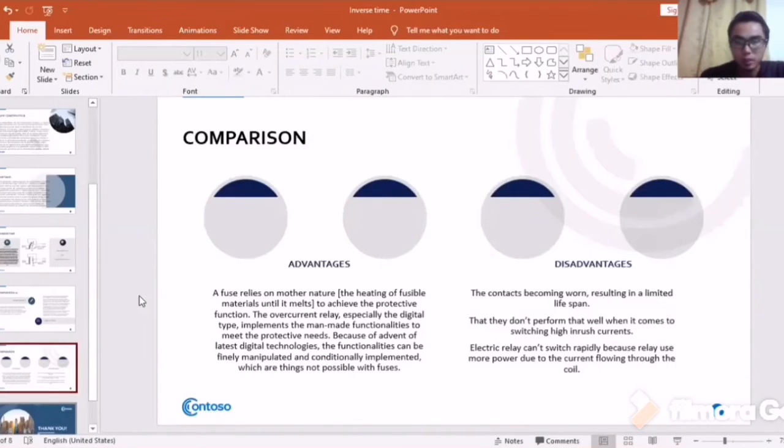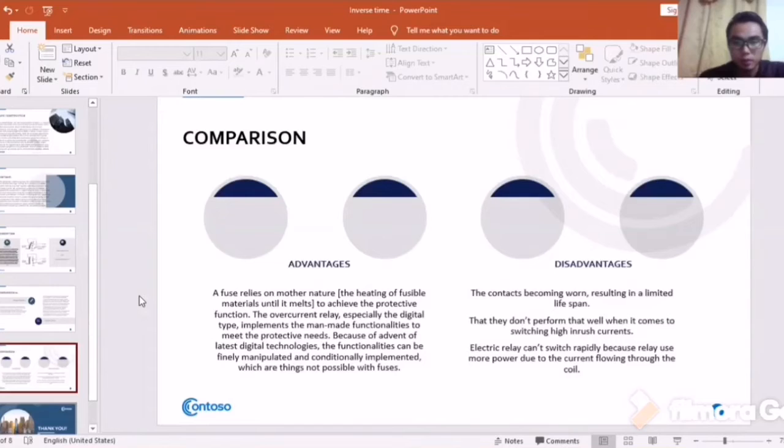And in the comparison, we have advantage and disadvantage. When we talk about advantage, the time relay relies on material properties to achieve the protective function. The overcurrent relay, especially the digital type, implements man-made functionalities to meet the protective needs.